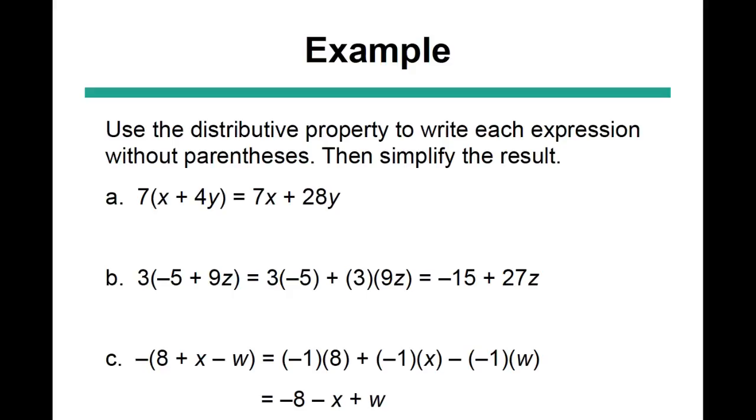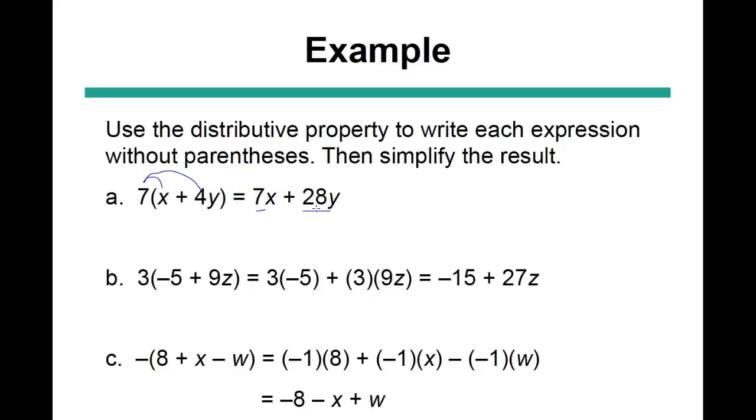So you see here in these examples, if we were using the distributive property, you see how this first answer ends up being 7x plus 28y, because essentially what we're doing here is we're distributing the 7 over to x and the 7 over to 4y. And of course, 7 times x is just 7x, 7 times 4 is 28, and 28 times y is 28y.